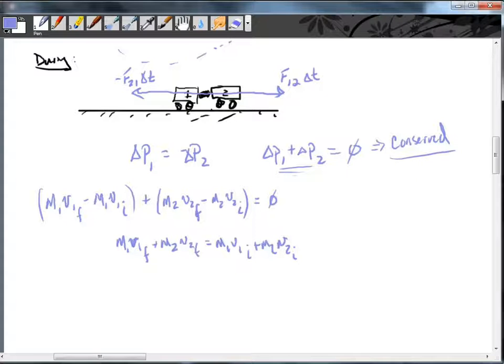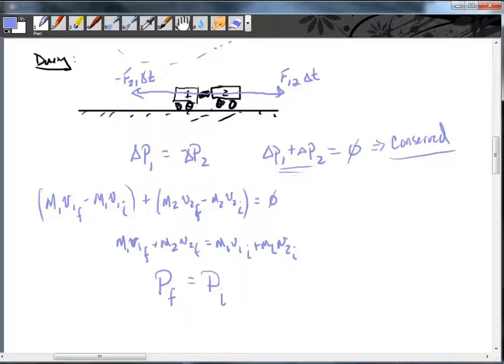Well, what does this wind up being? This is telling us that the total momentum that we finish with is equal to the total momentum that we start with. PF equals PI.